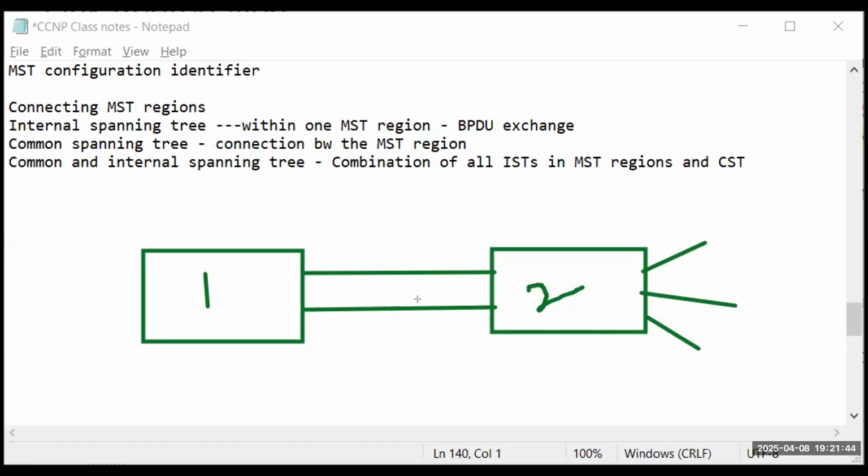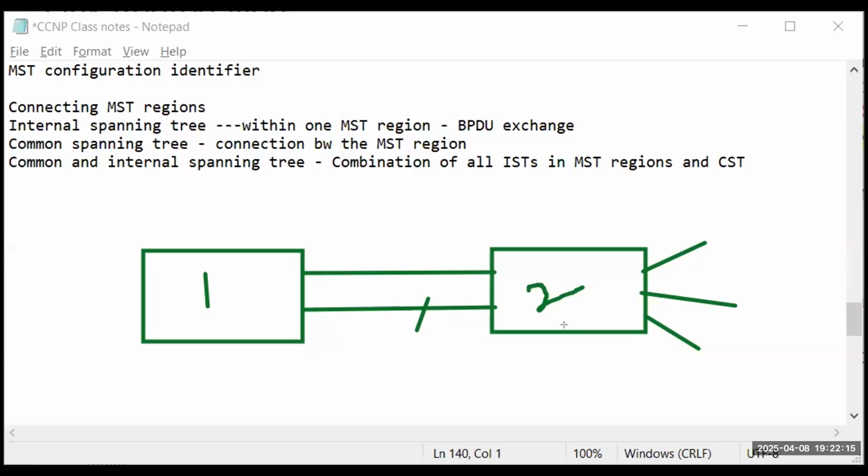The spanning tree will block one of the ports, and only one port will be in forwarding state. The other port will be in blocking state. There would be no data forwarding on it, only one link. So there's no use of having more bandwidth in the network. Even if I have multiple links between two switches to achieve more bandwidth, I cannot achieve that. Spanning tree protocol is disabling the ports, right?